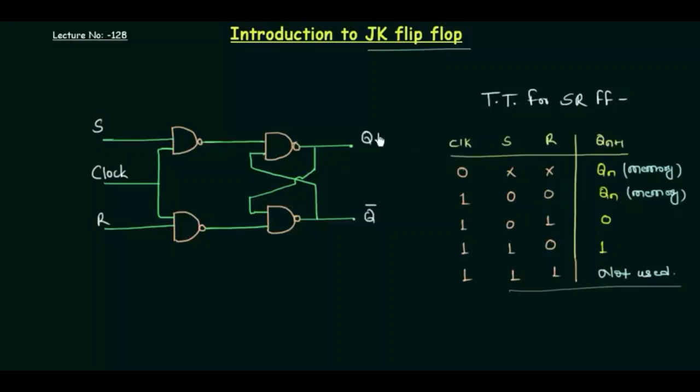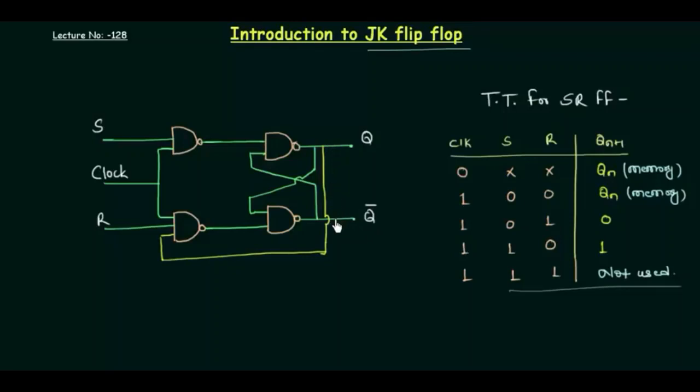Now let's move to the circuit for the JK flip-flop. This is the circuit for SR flip-flop, and we will try to make a JK flip-flop from this circuit only. So let's see what changes we have to do to get a JK flip-flop. There are two outputs to this, Q and Q complement. I will take Q from here, and I will give this Q as one of the inputs to our NAND gate, the NAND gate in which R is one of the inputs.